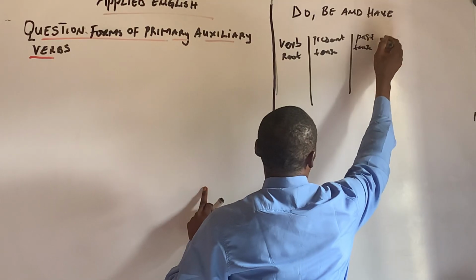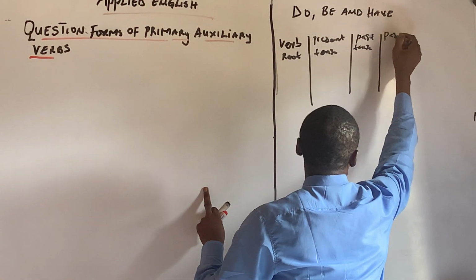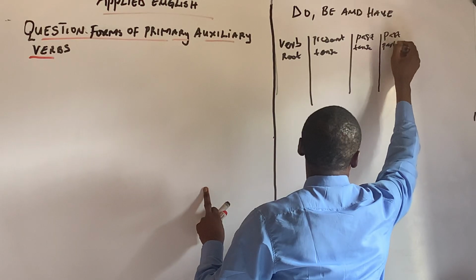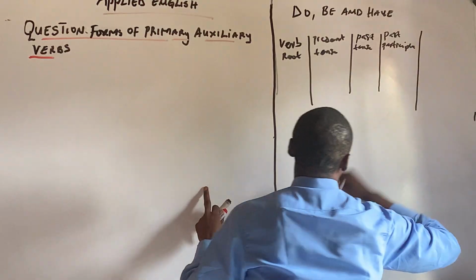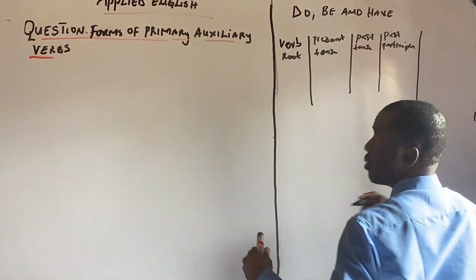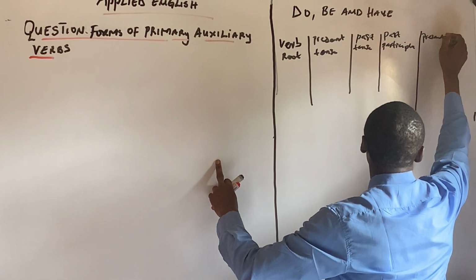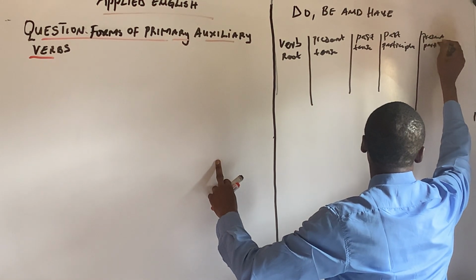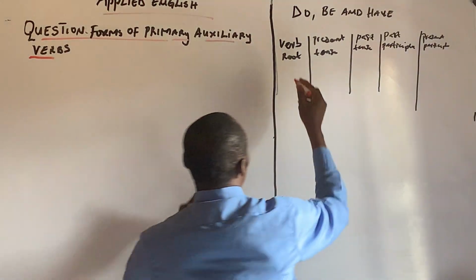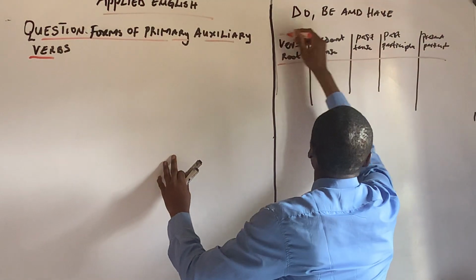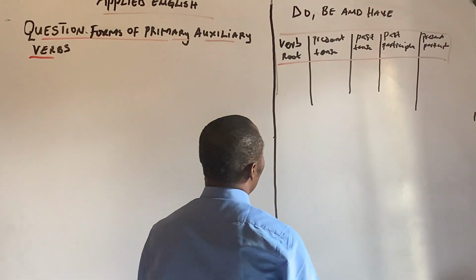After that, the past participle. After that, the present participle. So we're going to start with the verb root, and from there, we can look for the rest of those.